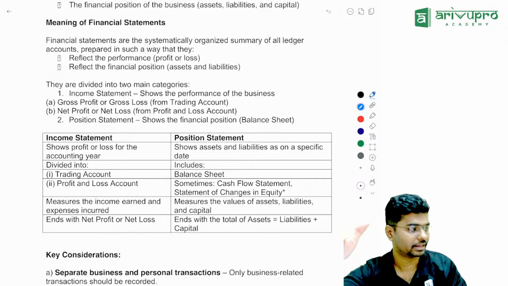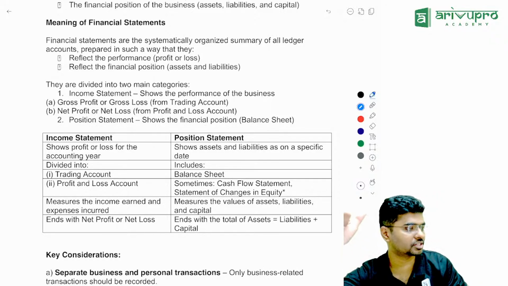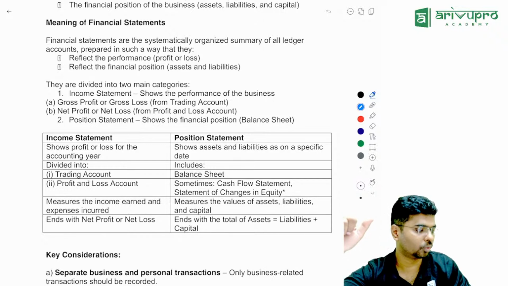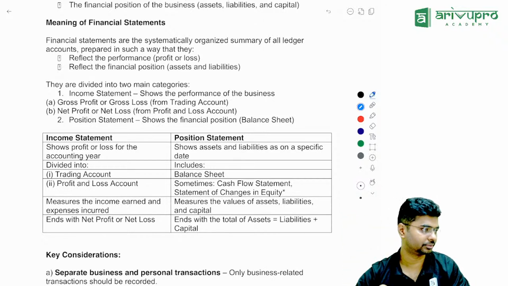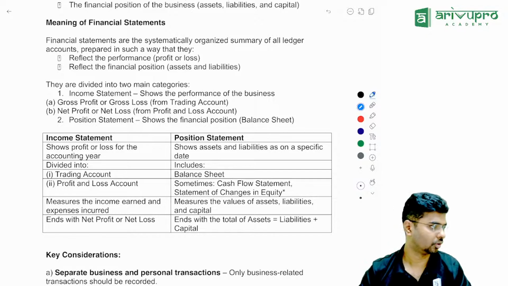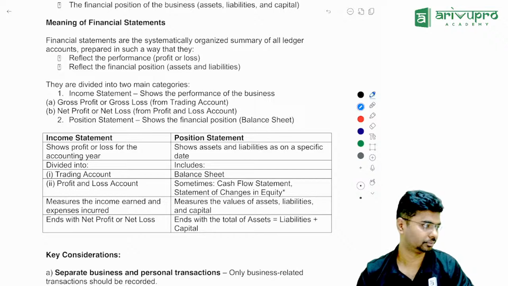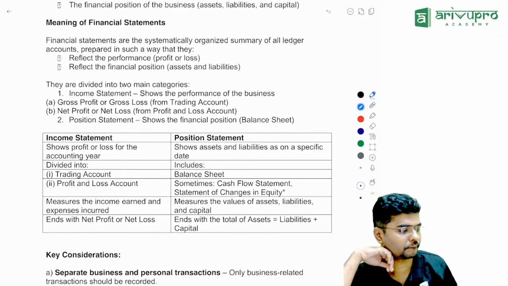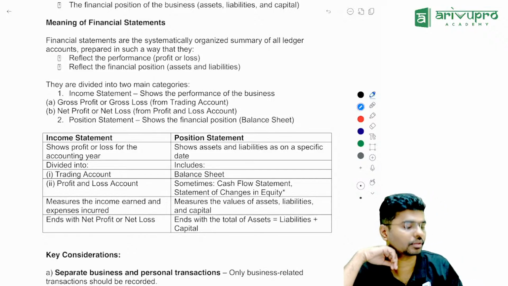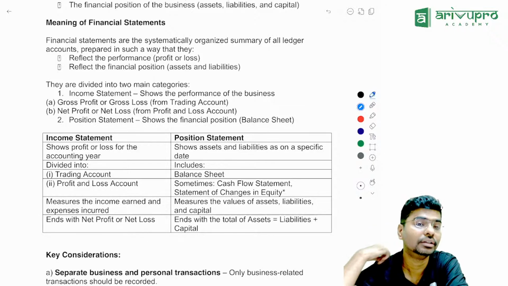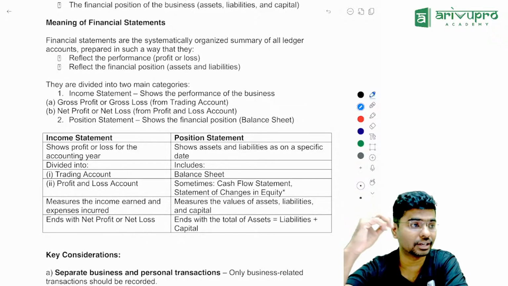One, trading account. The second one is called my profit and loss account. What does a trading account talk about?